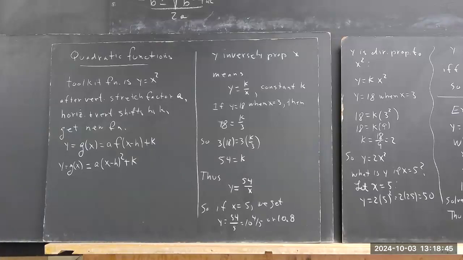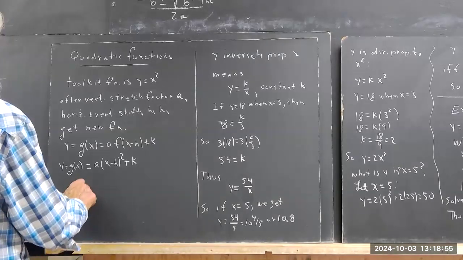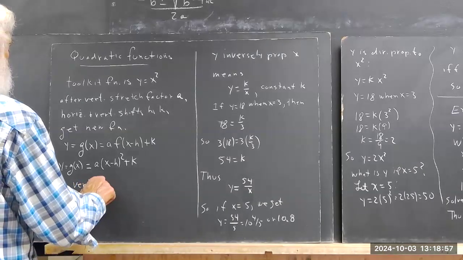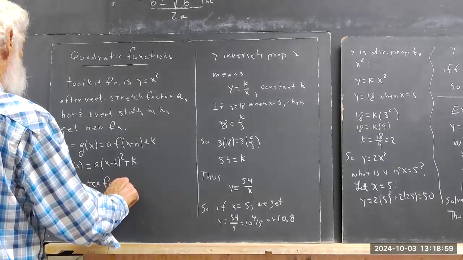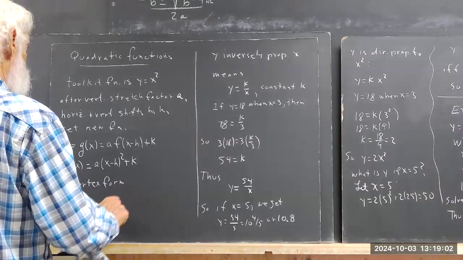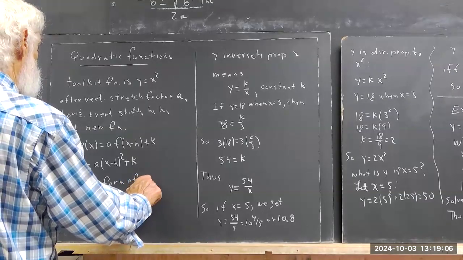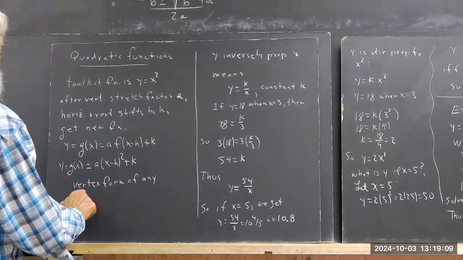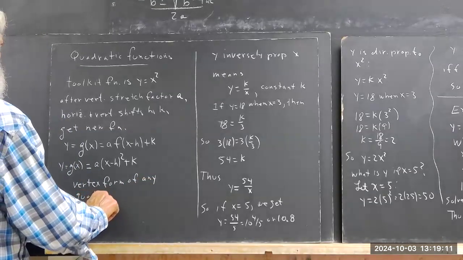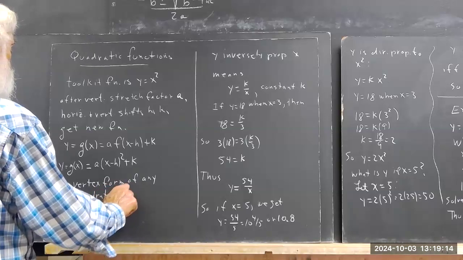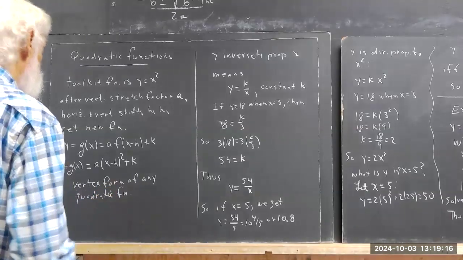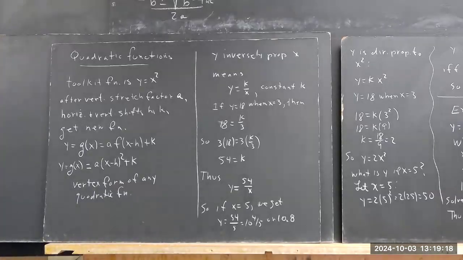And this form, we didn't do this in the earlier course, but you'll see it in the assignment. This is the vertex form of any quadratic function.